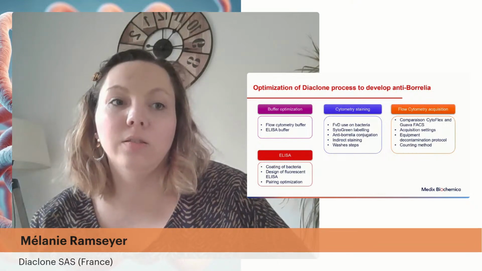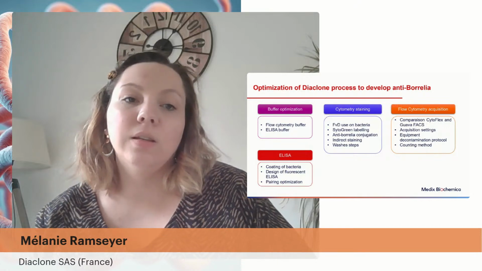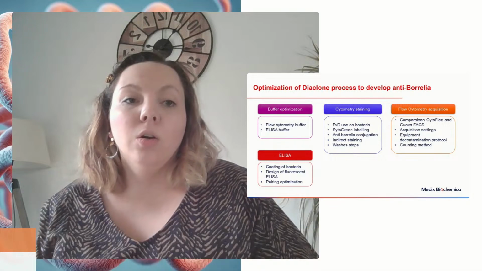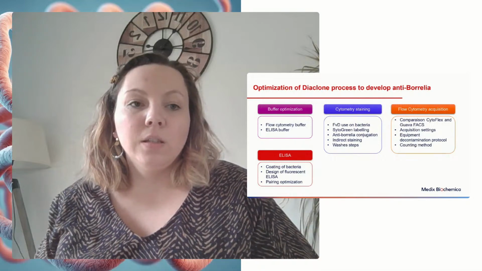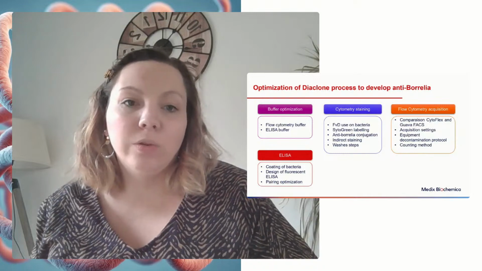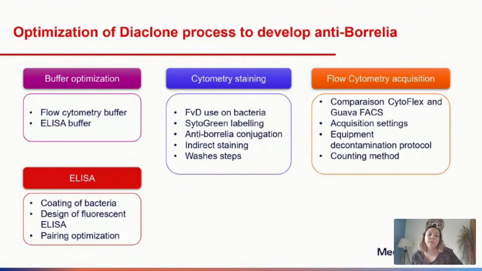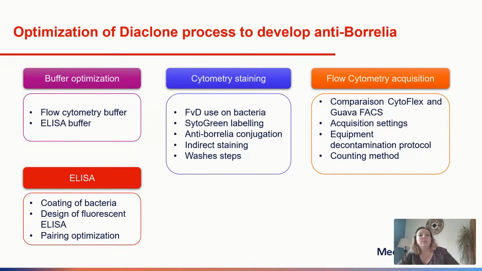We have tried cytogreen labeling, but it's not really stable for our tests. FITC conjugation was tested too, but the degree of labeling is very low for the candidates tested. So we chose to perform an indirect staining and we optimized the washing steps to avoid losing as many bacteria as possible.